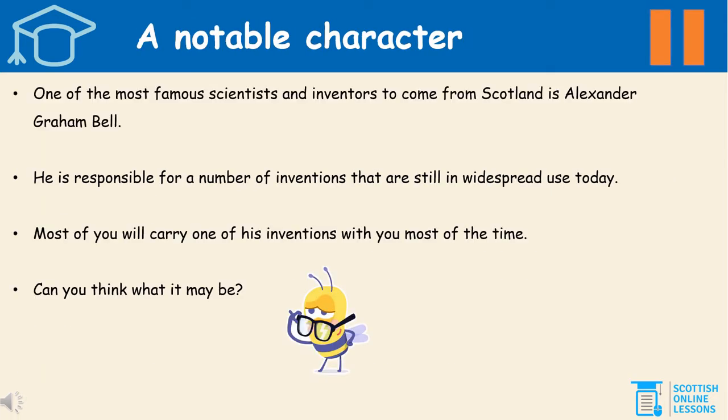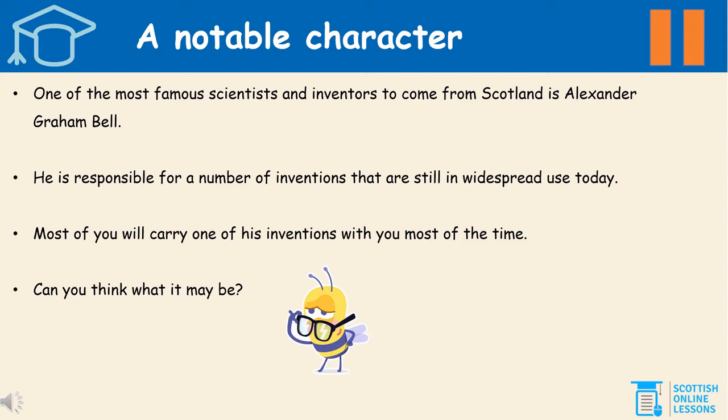So let's talk a little bit about one famous scientist and inventor from Scotland. Now, there are many, but I'm going to pick one in particular to talk about. One of the most famous scientists and inventors to come from Scotland is a gentleman called Alexander Graham Bell. He's responsible for a number of inventions that are still in widespread use today, and most of you will carry one of his inventions with you pretty much most of the time.